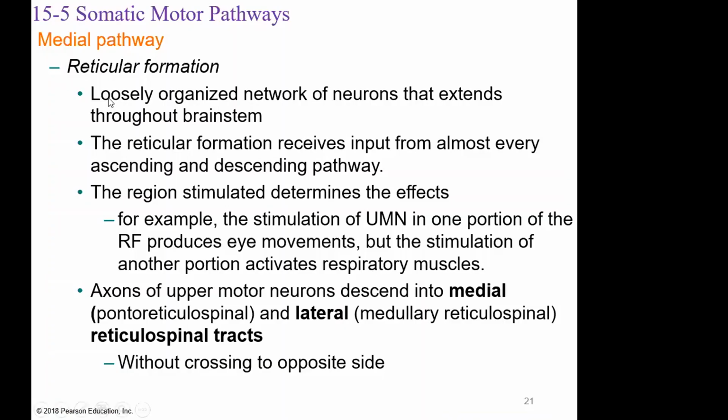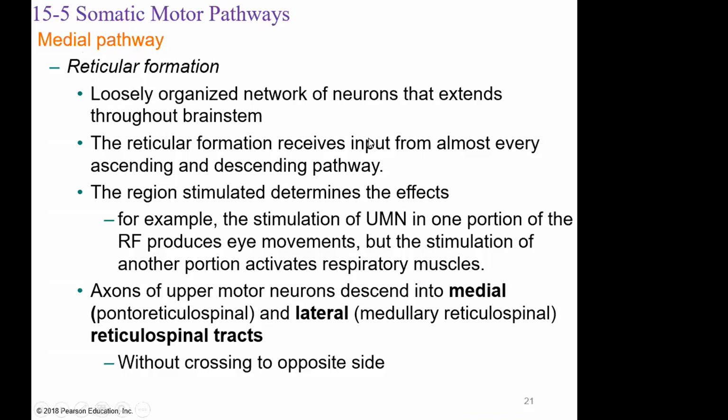And then lastly, for the medial pathway, we've got to talk about the reticulospinal tract. So we're starting in the reticular formation. Remember, this is the structure that is within the entire brainstem. So in all parts, the midbrain, the pons, and the medulla, you have the reticular formation.